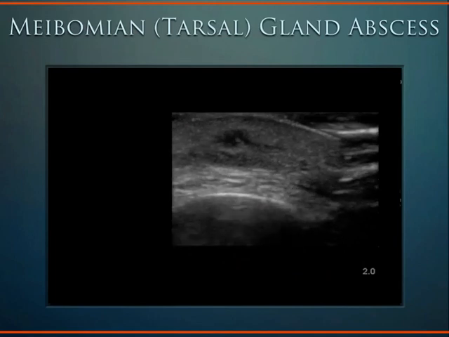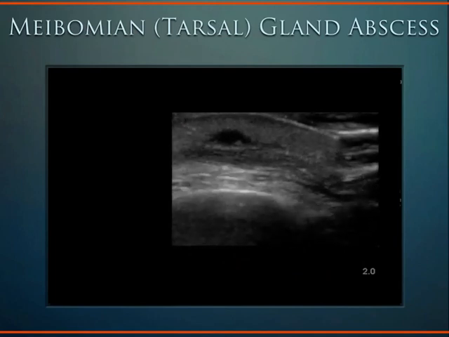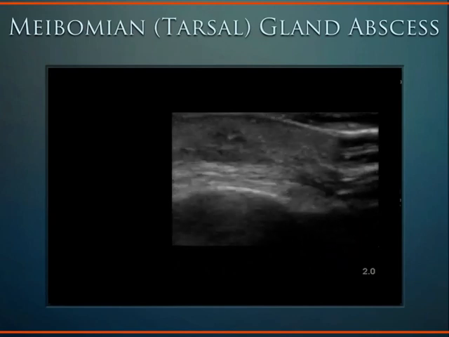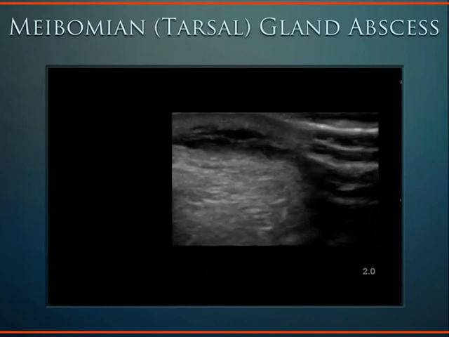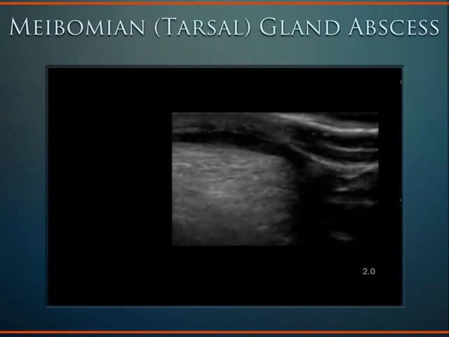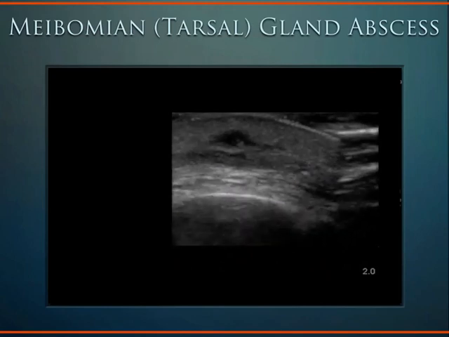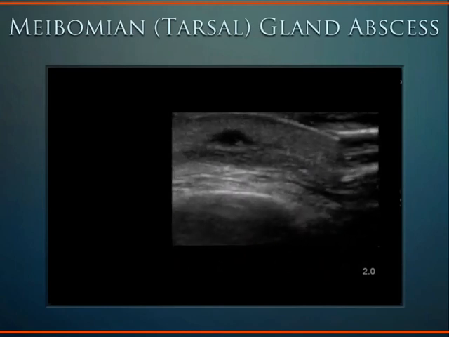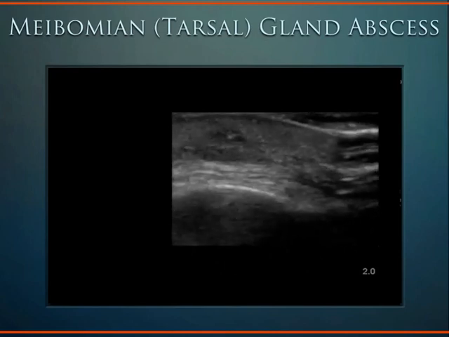This is an example of a meibomian gland abscess. The meibomian glands, sometimes called tarsal glands, are a special kind of sebaceous gland along the rim of the eyelids inside the tarsal plate. They make meibum, an oily substance that prevents evaporation of the eye's tear film.